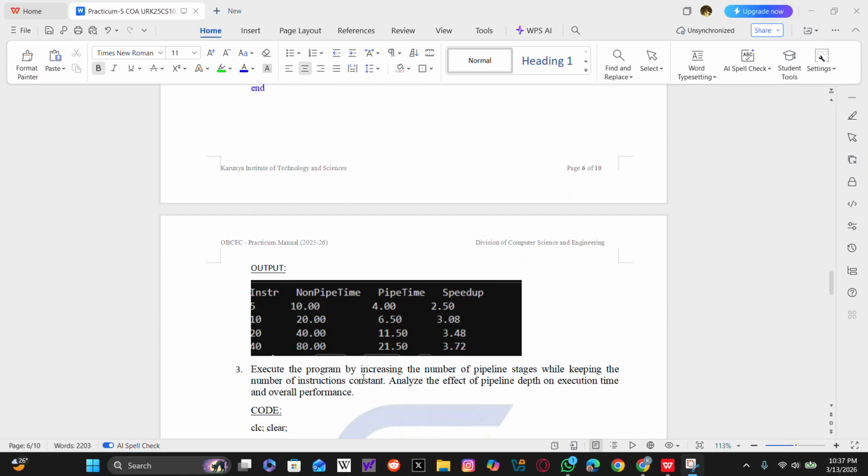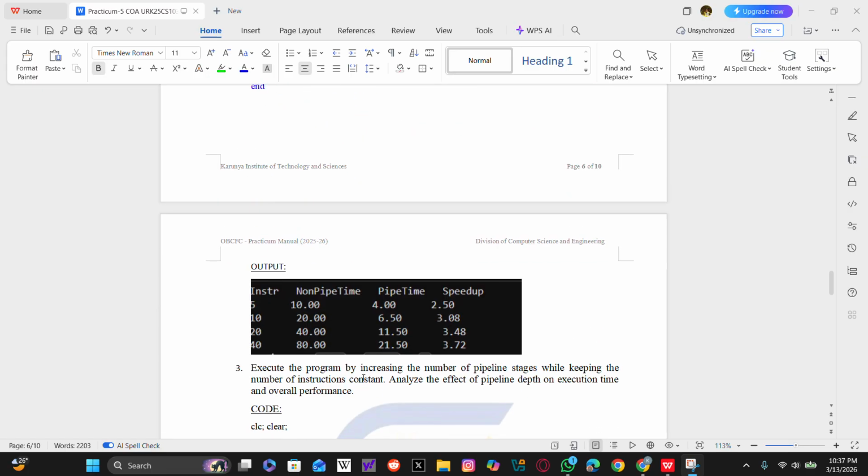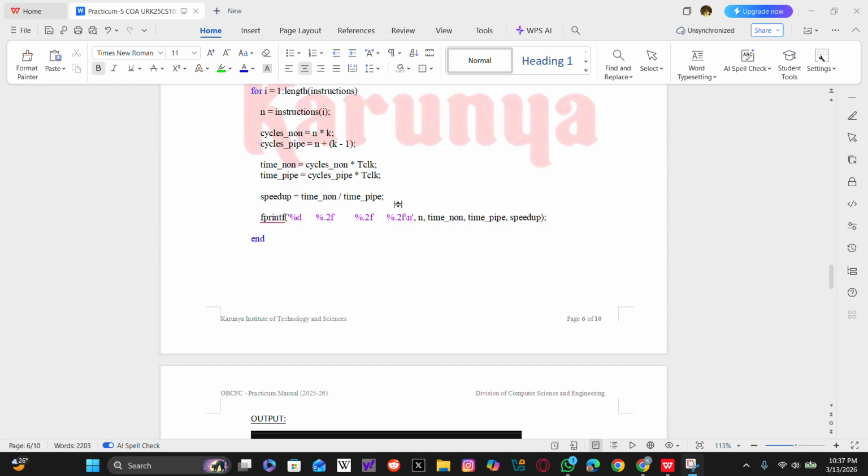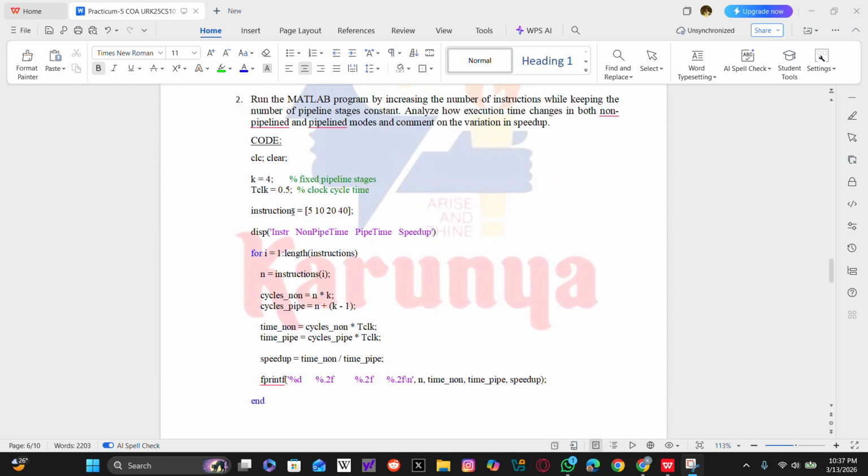We have determined the values: instructions as 5, 10, 20, 40, which is already given, and non-pipe time is 10, 20, 40, and 80, and we are determining it through n into k.